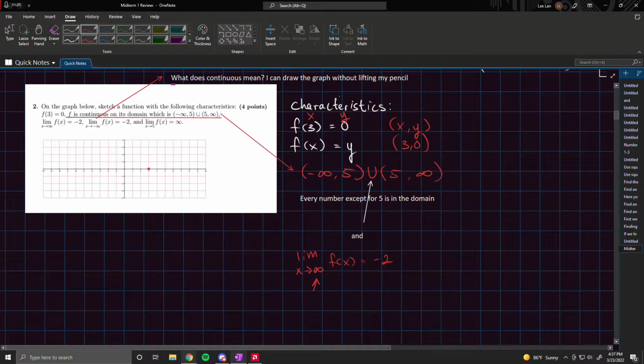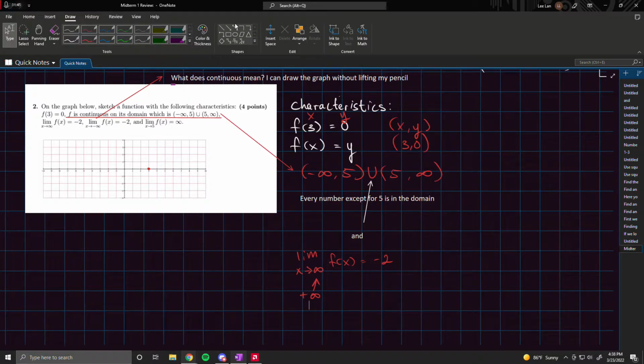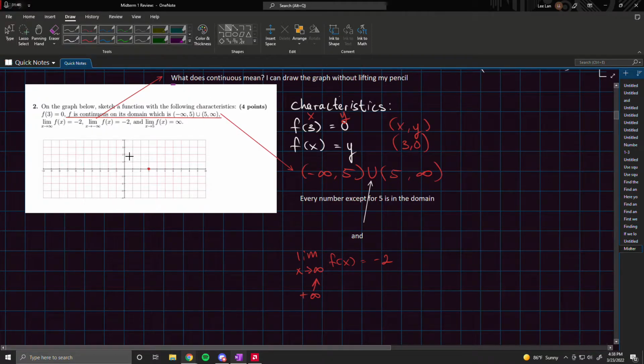So when my x values get very large towards positive infinity, if I plug in a million, my y value will just be -2. If I plug in 10 billion, I get -2. So it's a horizontal asymptote at -2.